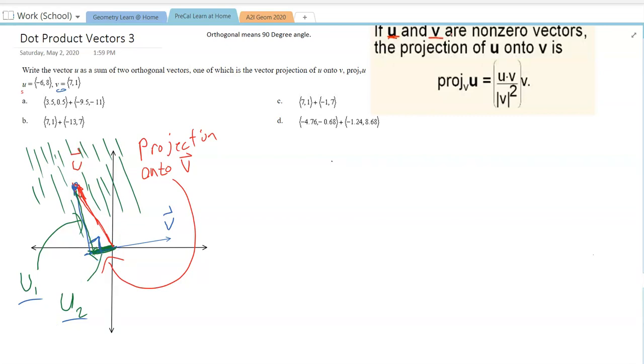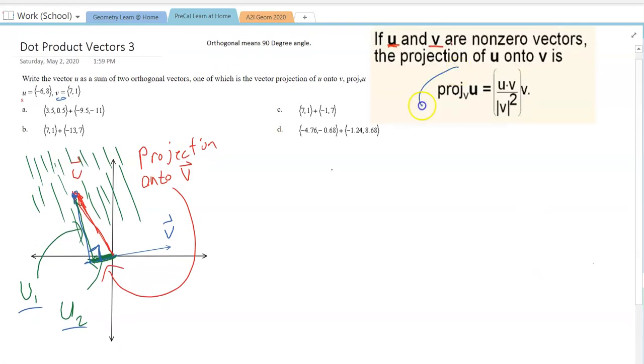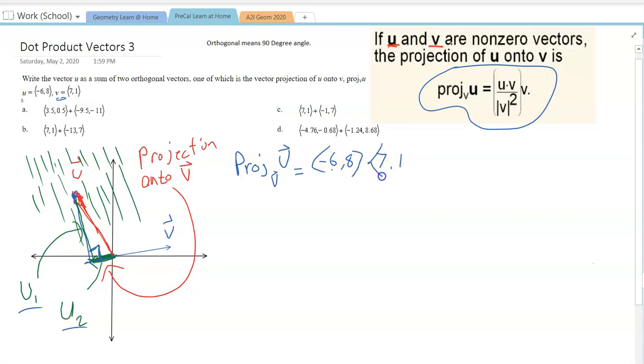Luckily, it gives us instructions on how to find a vector. We can use this formula, a projection of a vector. So the very first thing we're going to do is find the projection. So the dot product of u and v, over the magnitude of v squared.